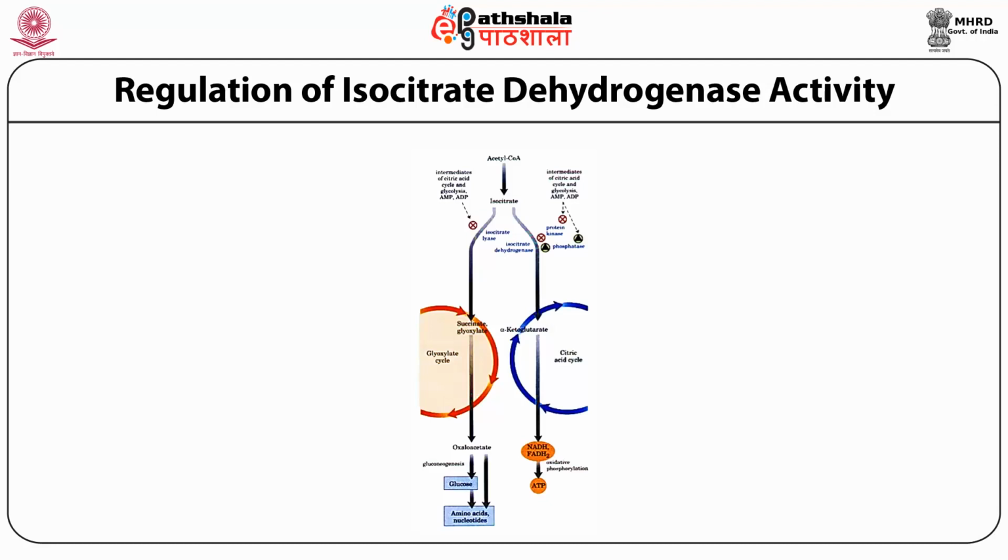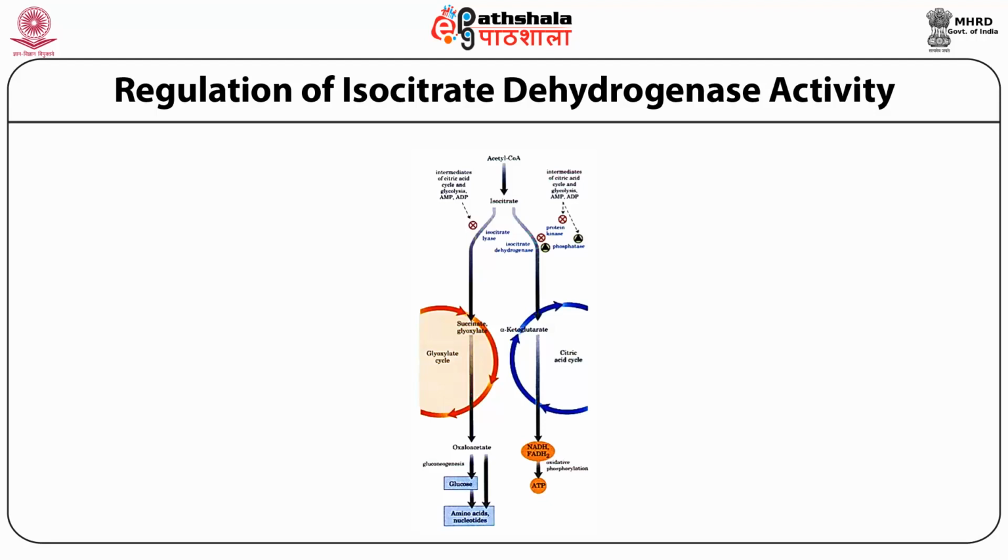The glyoxylate formed within the glyoxysome combines with acetyl coenzyme A to yield malate, which enters the cytosol and is oxidized by cytosolic malate dehydrogenase to oxaloacetate, the precursor of glucose via gluconeogenesis.